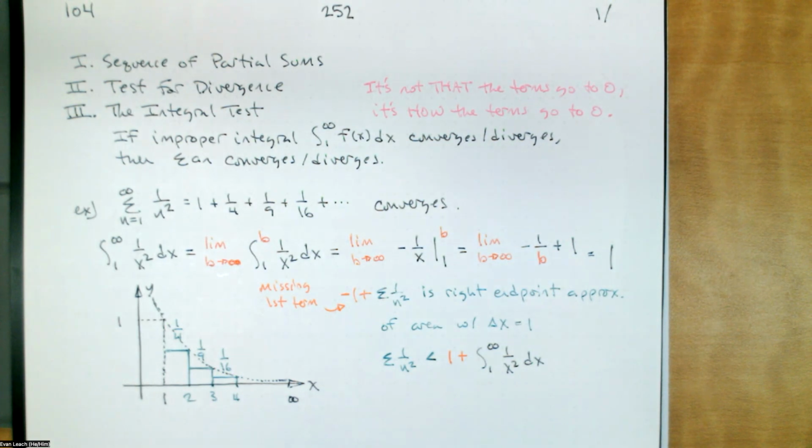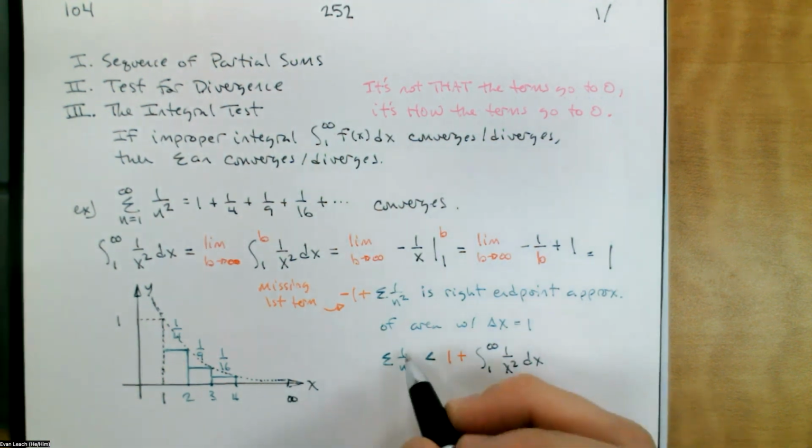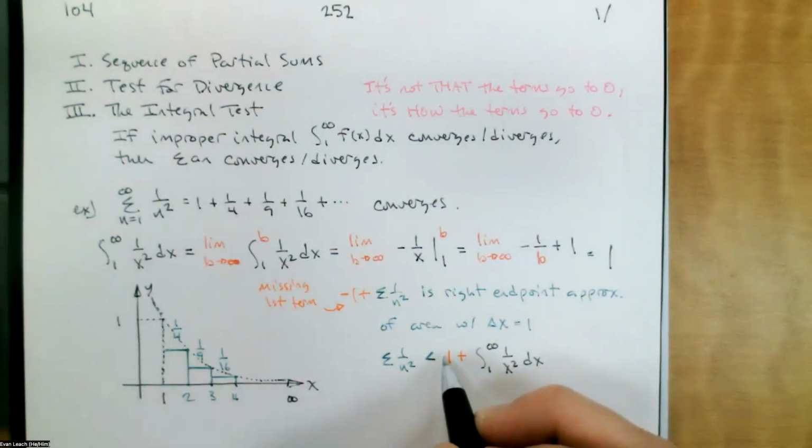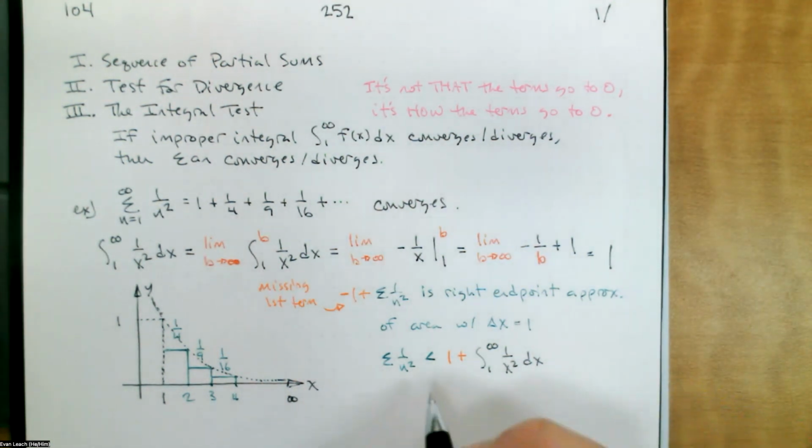The integral from 1 to infinity of 1 over x squared dx is equal to 1. So the series 1 over n squared is definitely less than 2.